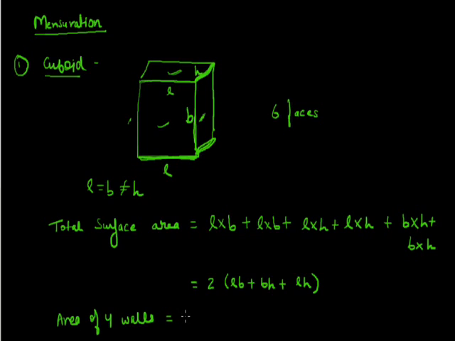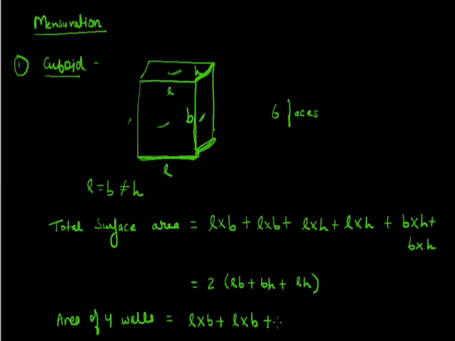So the area of the four walls is the area of the front face, plus the area of the back face, plus the area of these two side faces. Their area will be length into breadth plus length into breadth, plus now the area of the side faces.